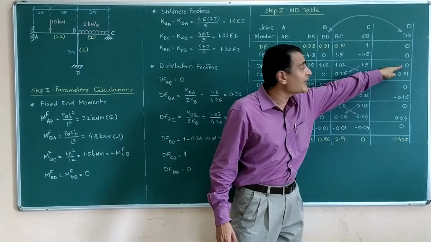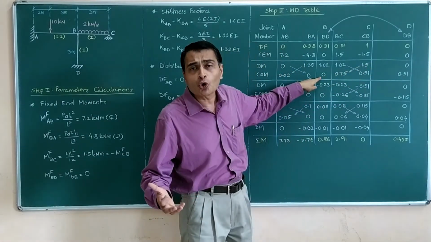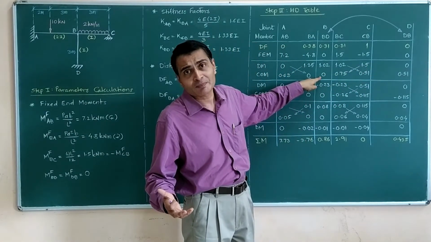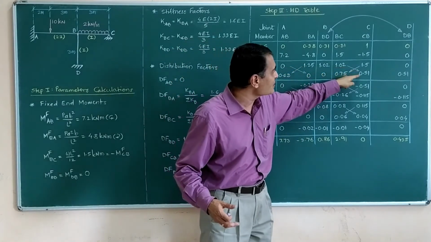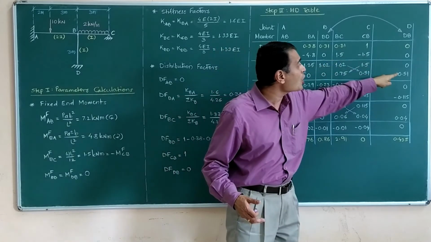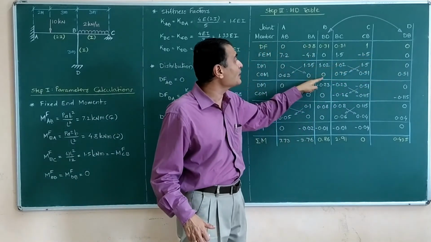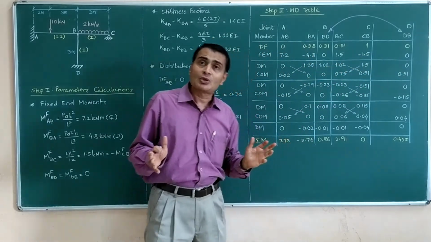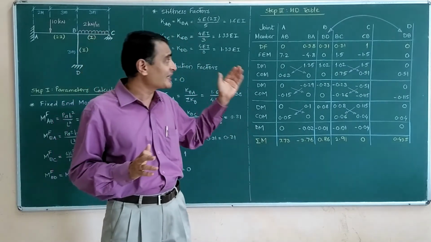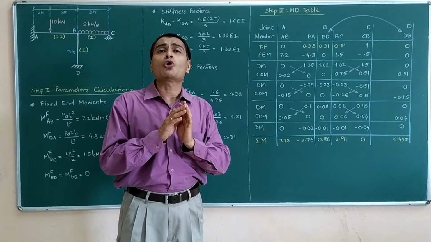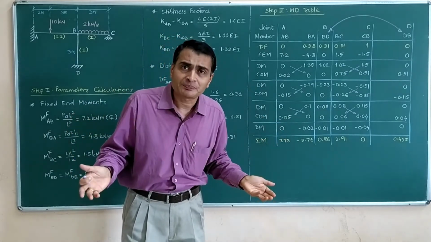And the moment absorbed by DB is 0 at joint D, half of that means 0 only is coming to joint B. So remember, half of this here, half of this here, half of this all the way here, B to D, and half of this all the way here, D to B. That precaution you have to take, otherwise the technique and the steps are no novelty for you at all. It is just like solving a continuous beam.